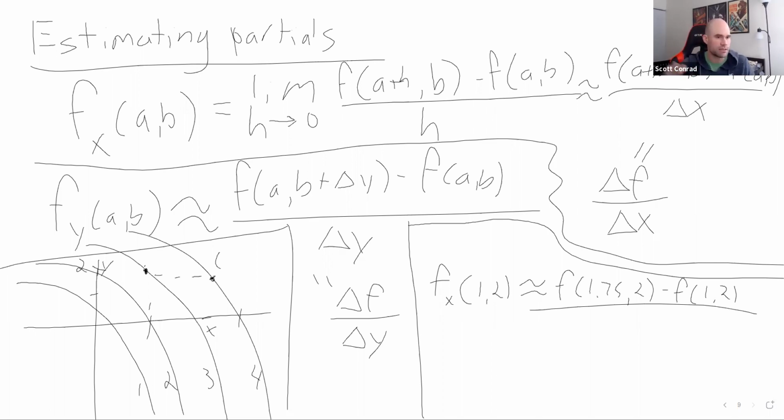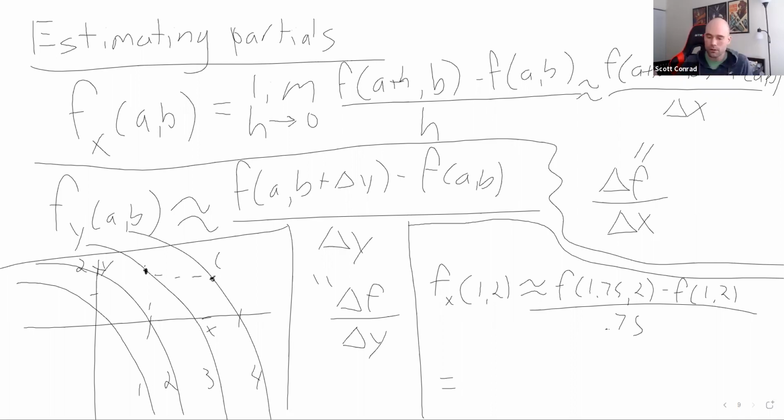What's the change in x between our two points? We went from 1 to 1.75, so it's 1.75 minus 1, which is positive 0.75.